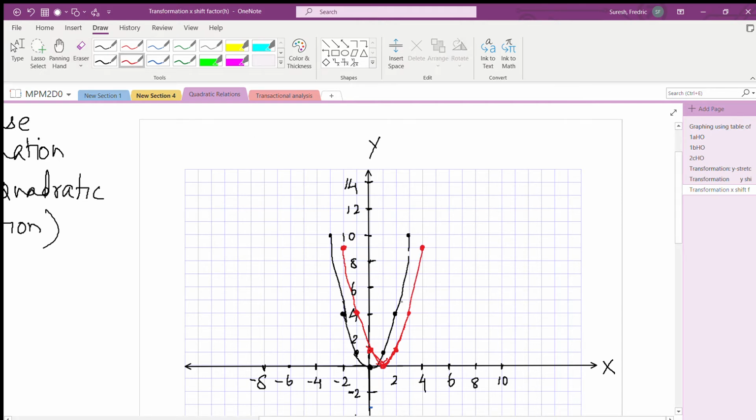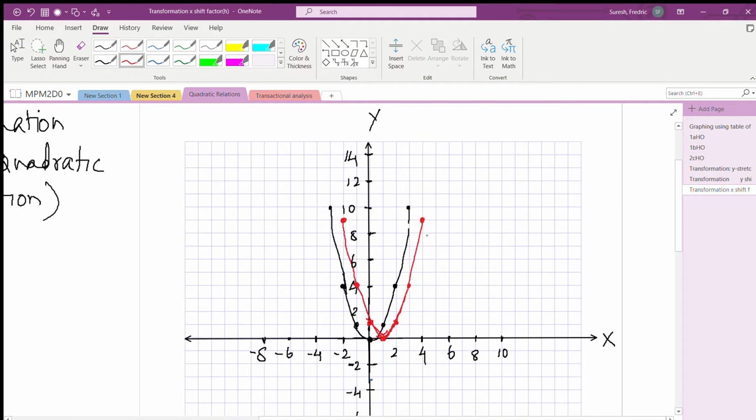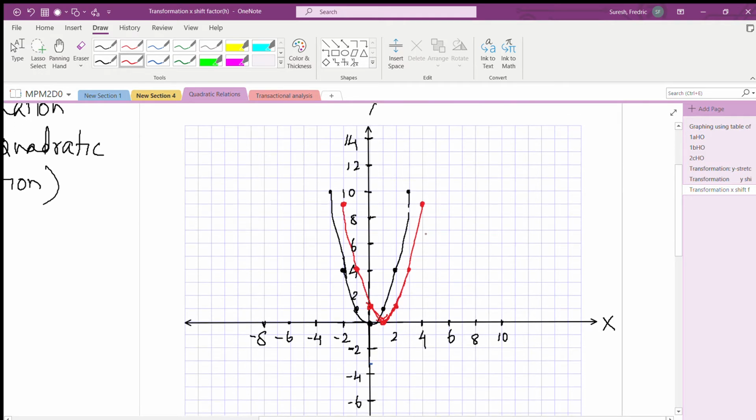Okay, so now even though I didn't generate this point from the table of values, I can generate it from the graph. So let's make some observations here. So the vertex has moved right by 1 unit. This point here, 1, 1, has moved right by 1 unit. 2, 4 moved right by 1 unit.